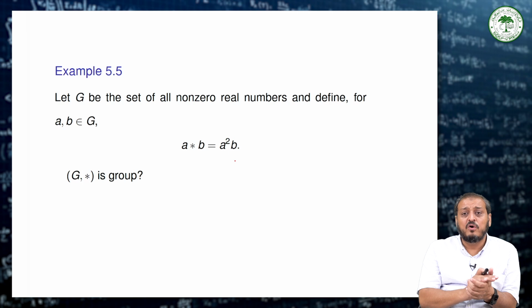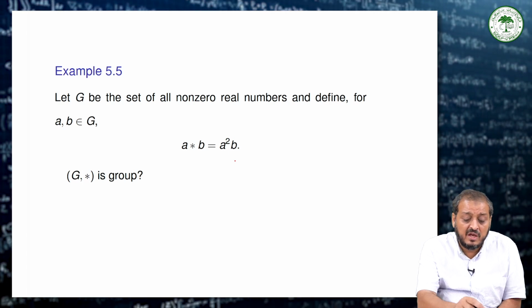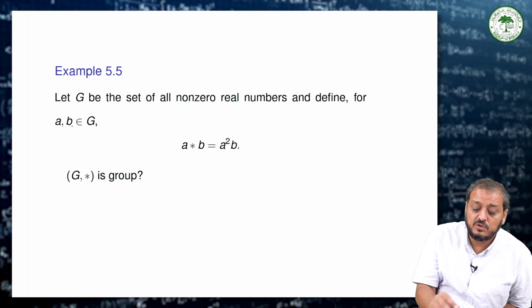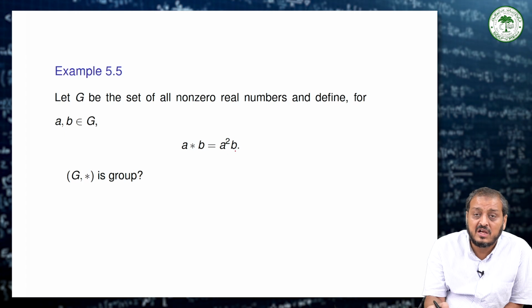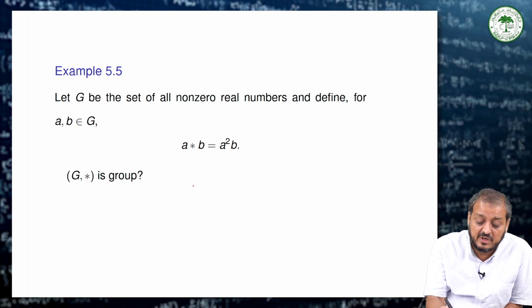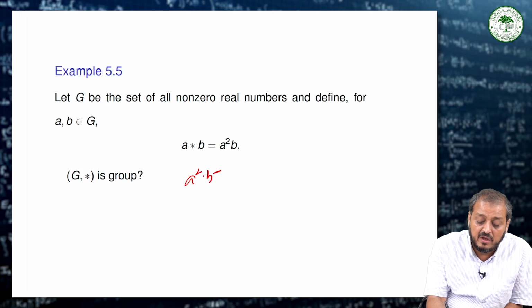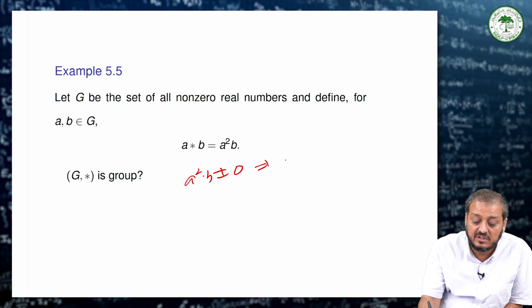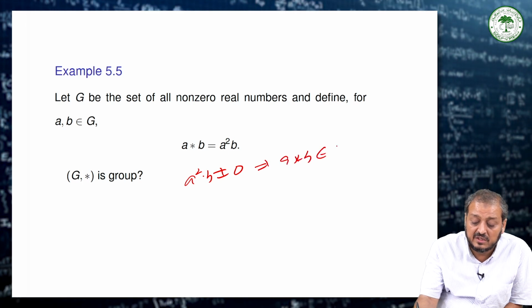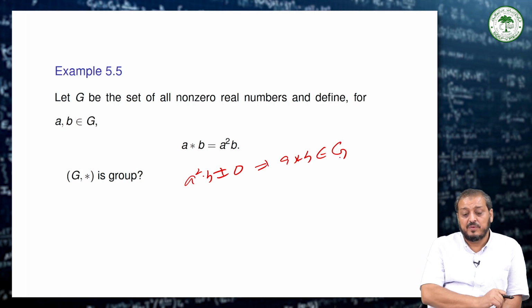Because a and b are elements of G, a is non-zero and b is a non-zero real number, then a square is again non-zero, and b square is also not equal to 0. So a square into b is clearly not equal to 0. If it is not equal to 0, then a composition b is an element of G. This means G is closed under this binary operation.